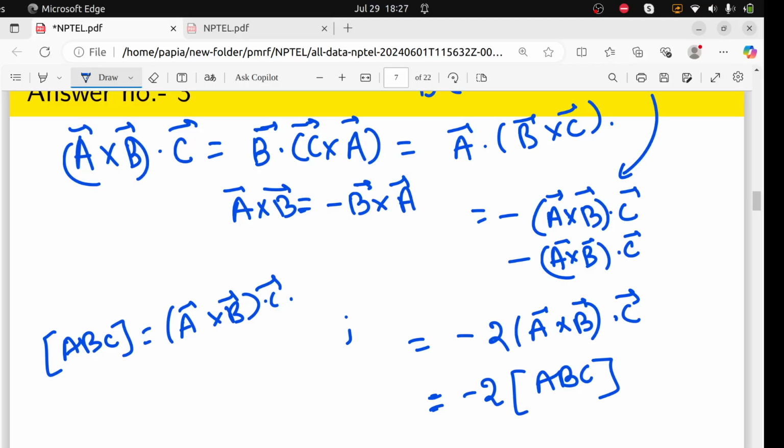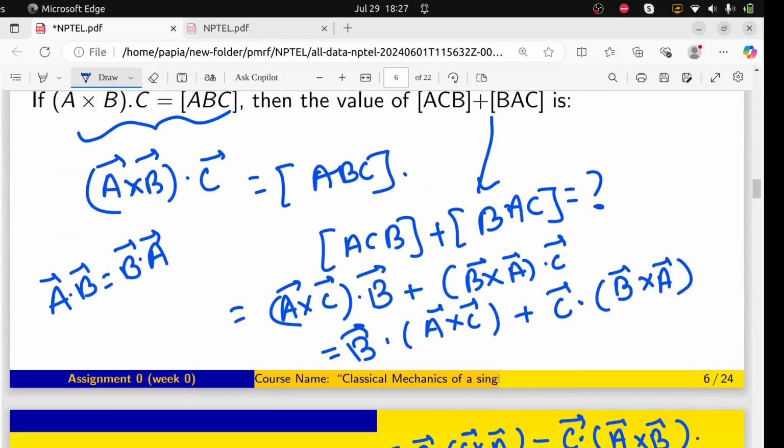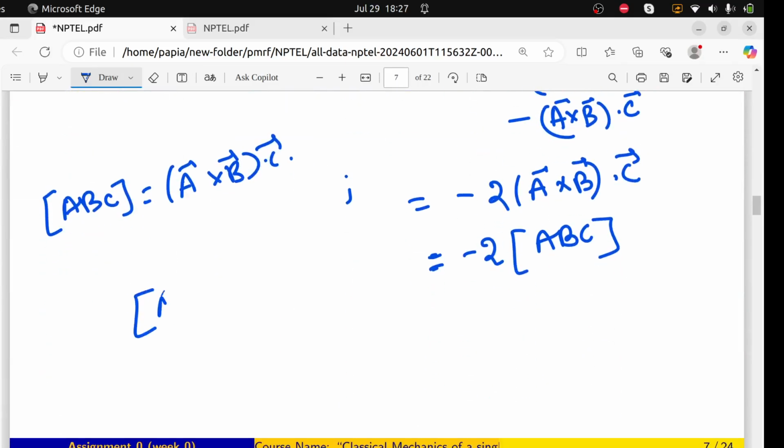I just wanted to write all the things in terms of A dot B cross C and A cross B dot C. So the expression ACB plus BAC equals minus 2 ABC. If you have any doubt, you can ask me, no problem, or otherwise we can move to the next question.